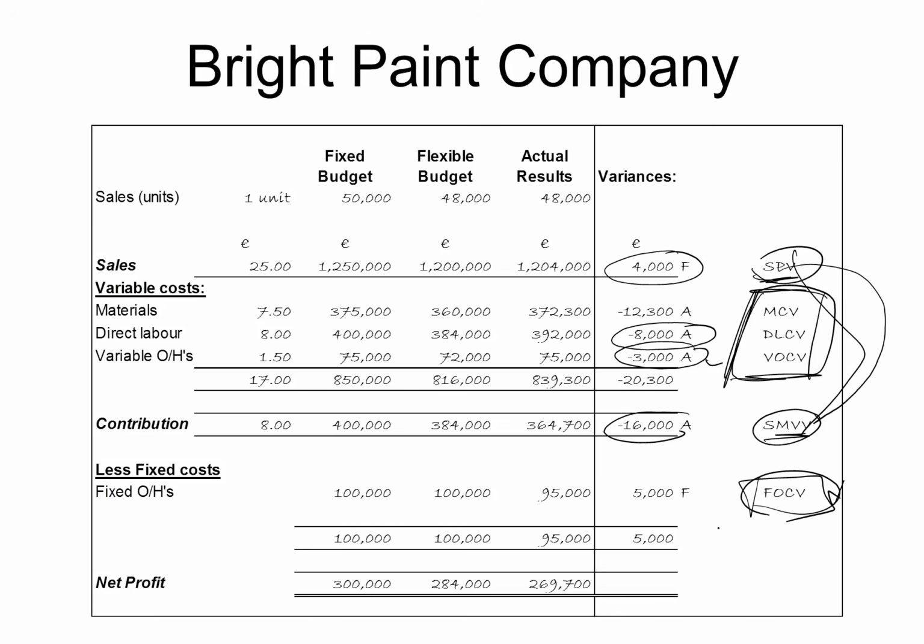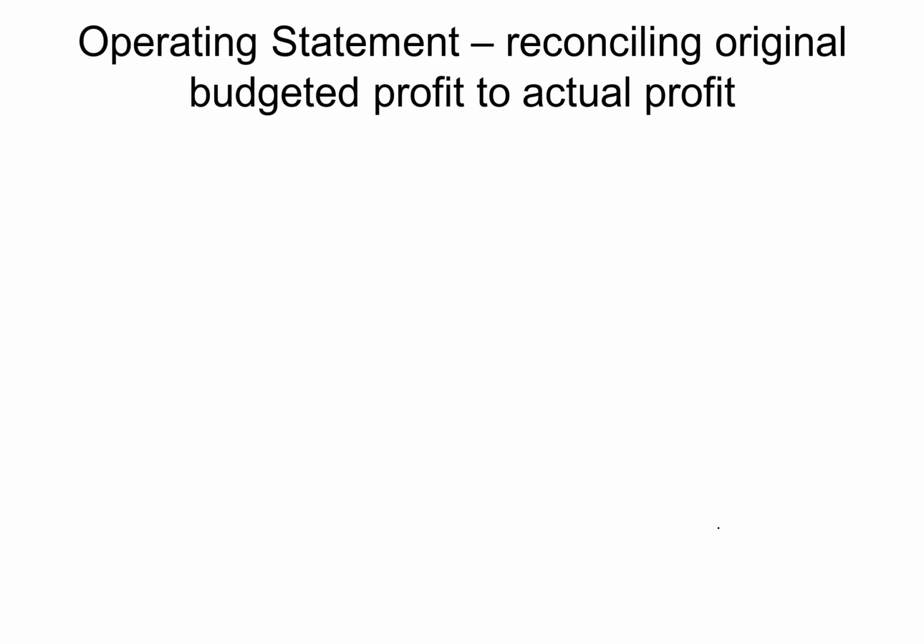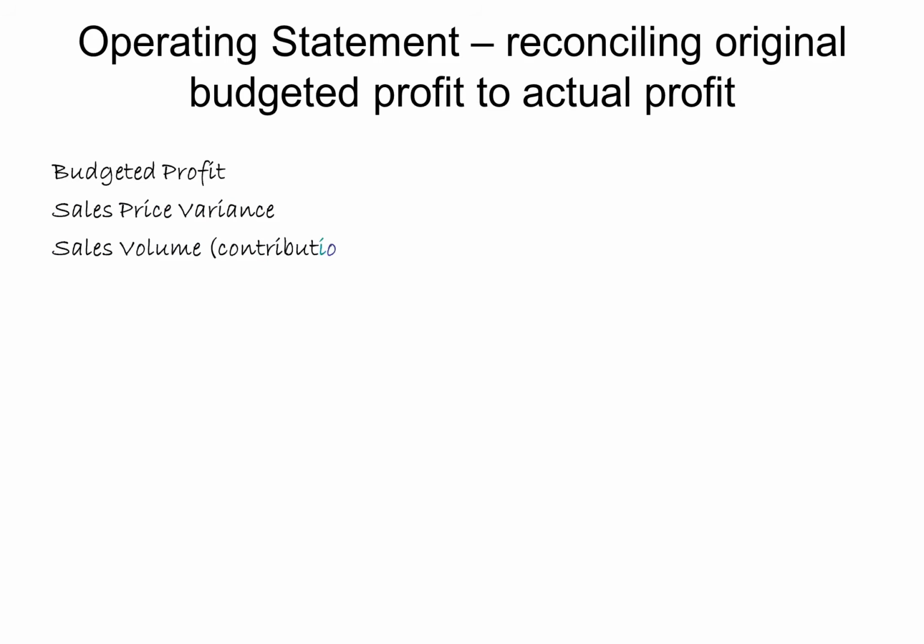So, setting that up, I'll have my operating statement reconciling the original budgeted profit to the actual profit. I'm going to put in my budgeted profit, and then my 2 sales variances: the sales price variance and a sales volume or sales contribution variance.